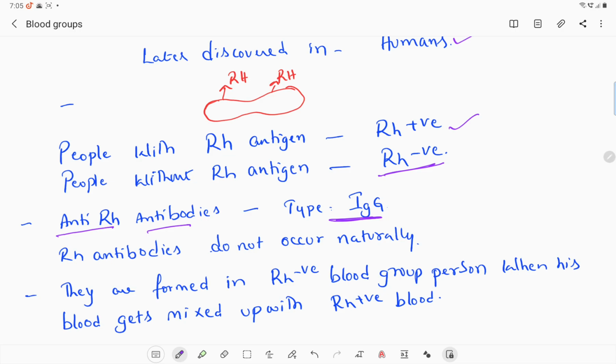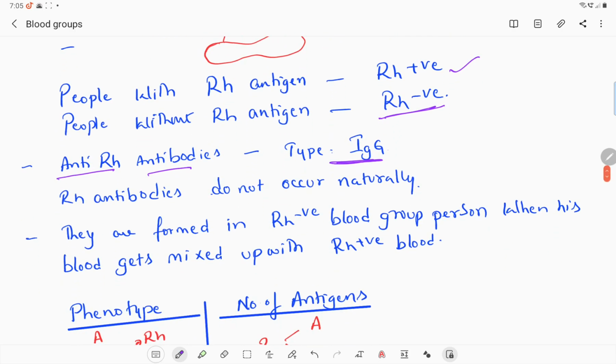They are produced in an Rh negative person when his or her blood gets mixed with Rh positive blood. So when an Rh negative person is given Rh positive blood, anti-Rh antibodies are produced in that person.